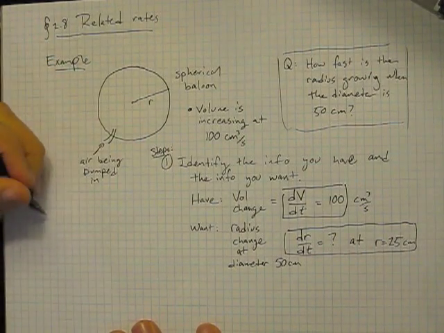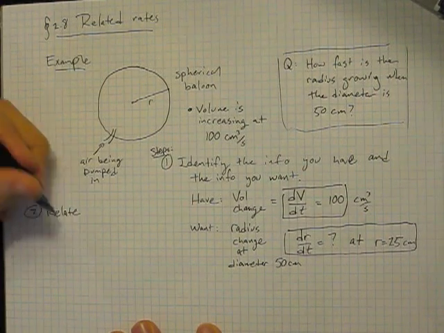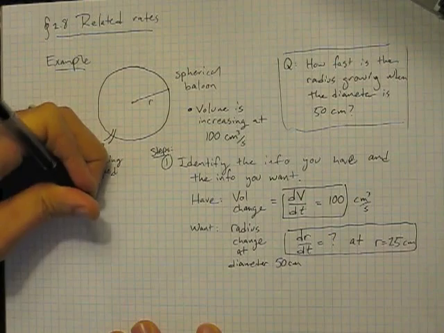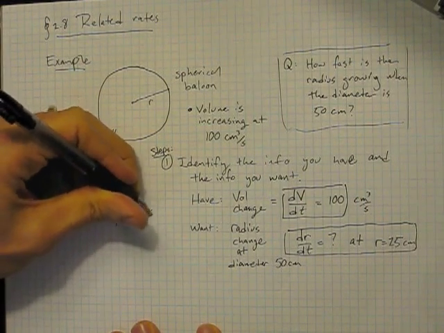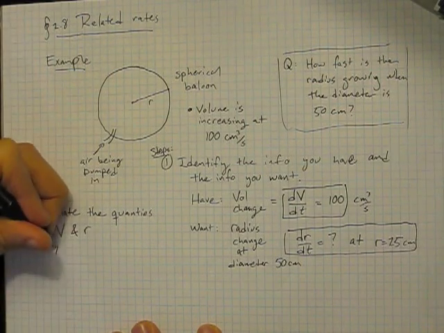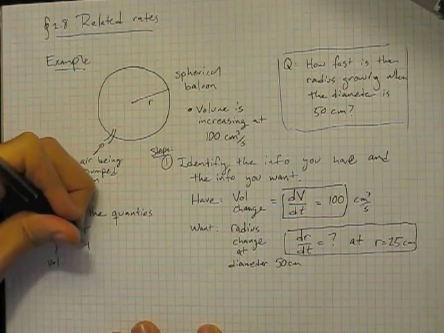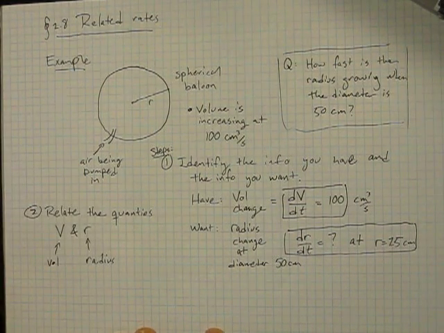The next step in our process is to relate the quantities V and R. This is volume and this is radius. So let's relate these quantities.